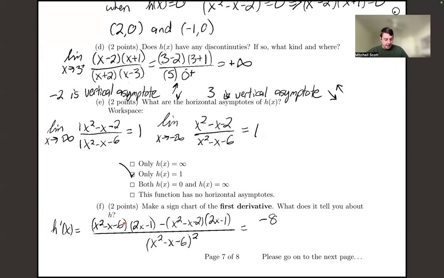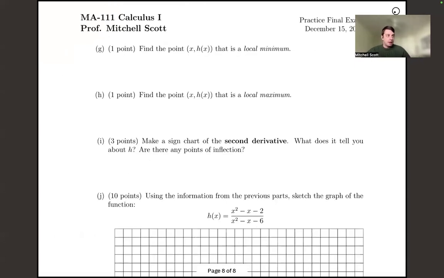The one that I'm not going to see canceled is specifically a minus x plus 4, and then we are going to write the bottom as (x plus 2), excuse me, (x minus 3) squared, right? Okay, so this is the first derivative, and if we wanted to make a sign chart for it, which I should have left myself more room for, yeah, so I'll do it right here.